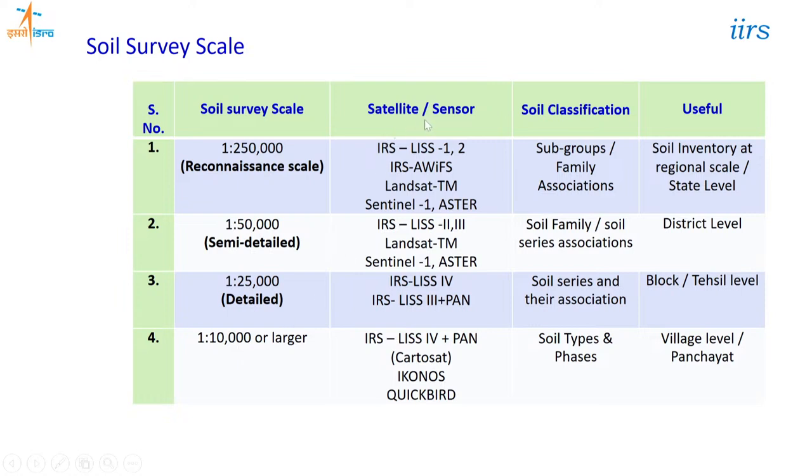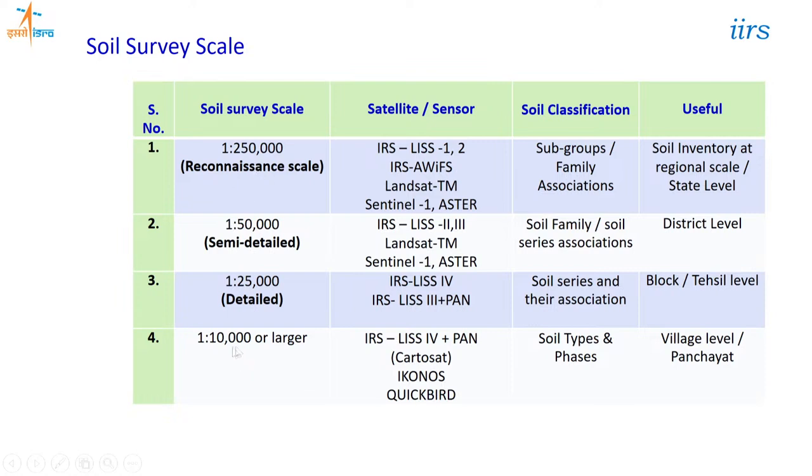Various satellites and sensors are available to meet the requirements of different scales. For larger scales you need Indian remote sensing satellite data like IRS LISS-4, or international satellite data like IKONOS, QuickBird, and many others. For 1:50,000 you can use IRS LISS-2, LISS-3, and for 1:250,000 reconnaissance scale you can use IRS LISS-1, LISS-2, and IRS AWiFS satellite data.